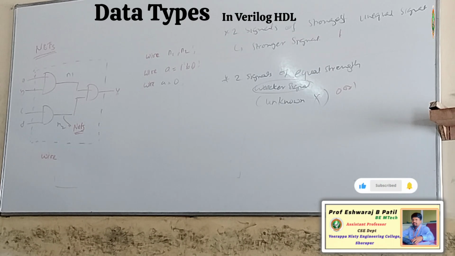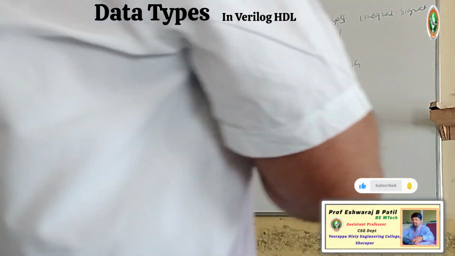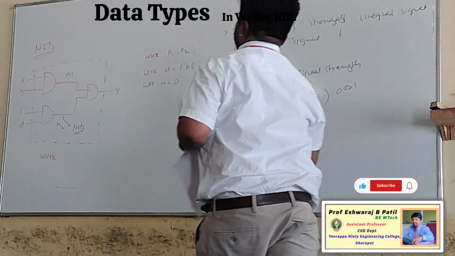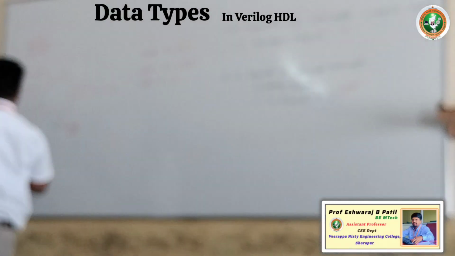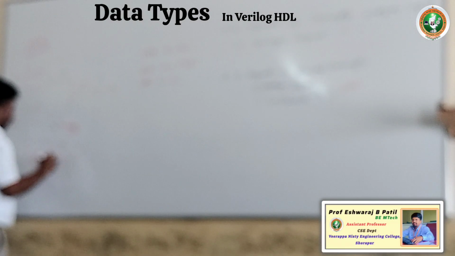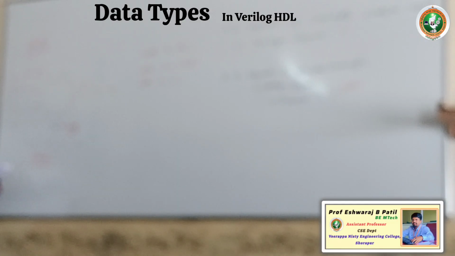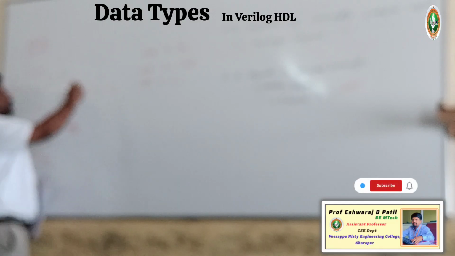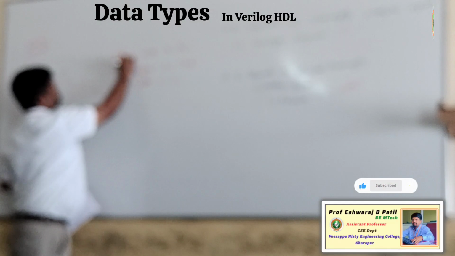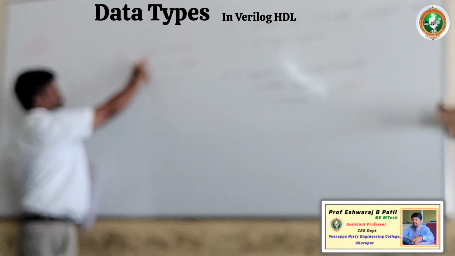Okay, next point. Nets are declared with the keyword wire. Example: take this example as wire N1 and N2.